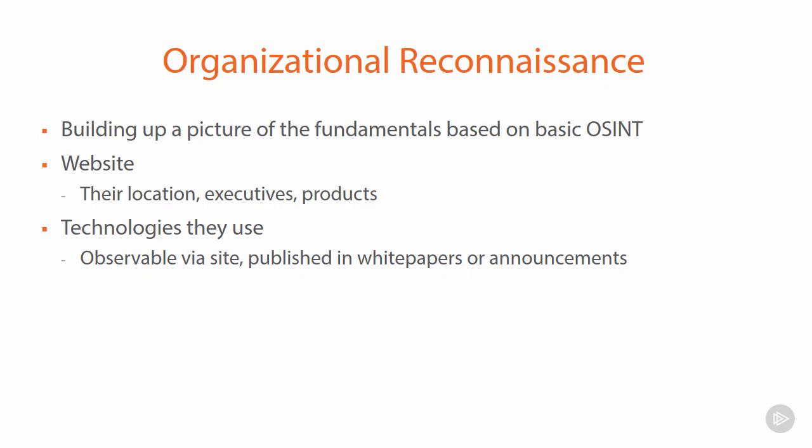Another source of very useful organizational reconnaissance can be a site tour. Does the organization provide the ability for you to come and see what they do? I myself have been on site tours before, not for social engineering purposes, but because I've been genuinely interested in what the organization does.